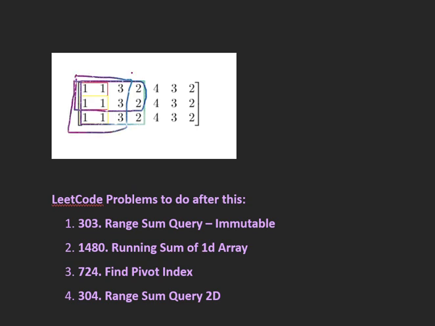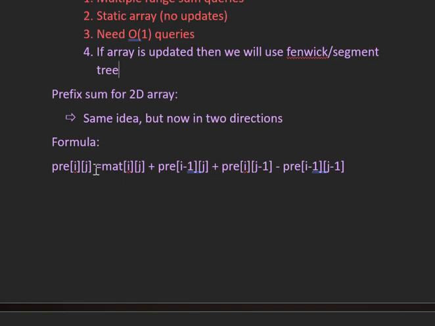We have already calculated these two rectangles. So what we do is we will add this and this rectangle, and then subtract the common part that is coming in both these two rectangles. We will subtract this from the sum of these two rectangles and then add this element.